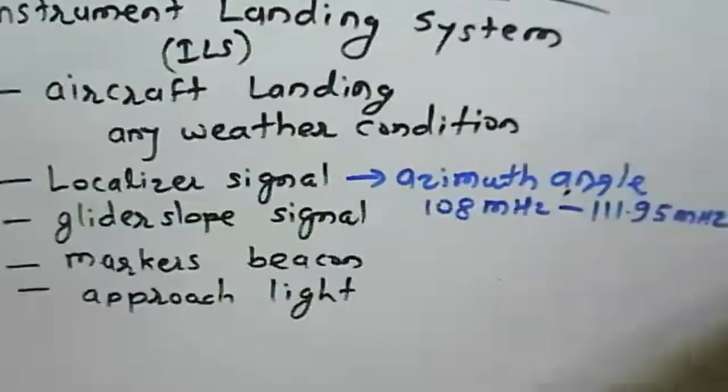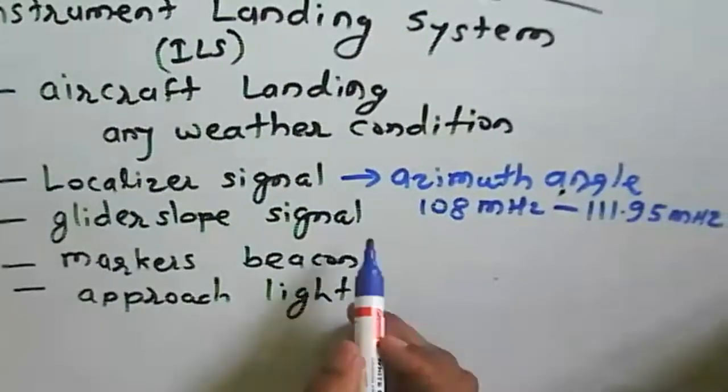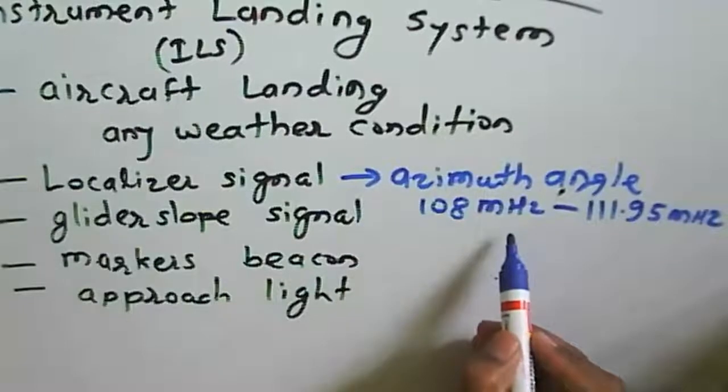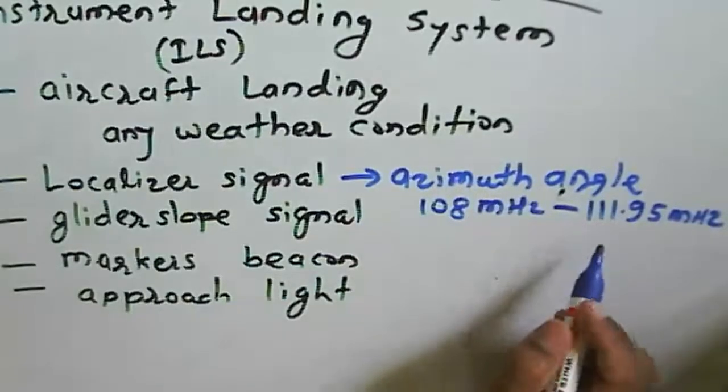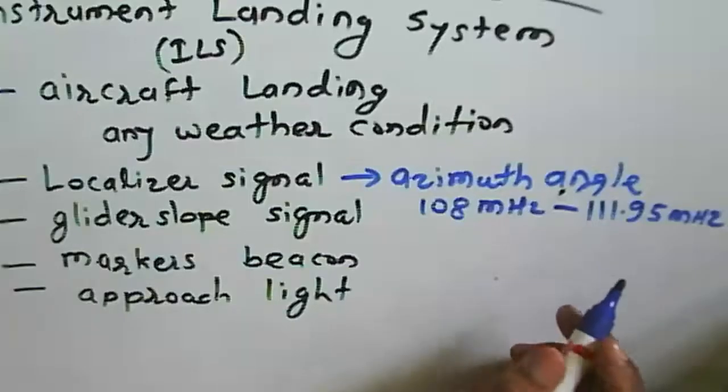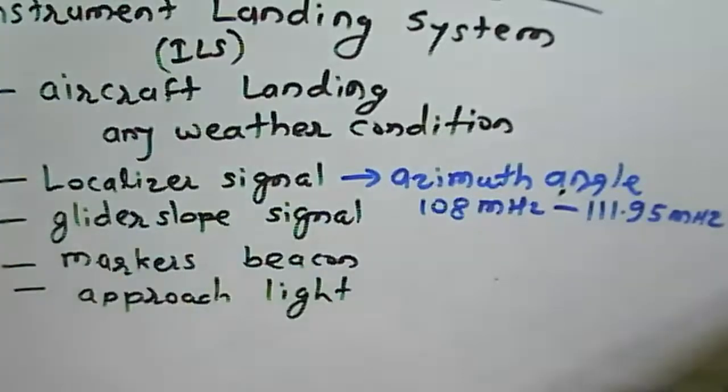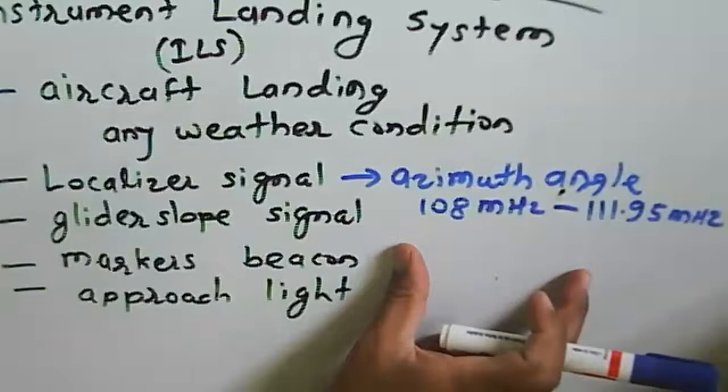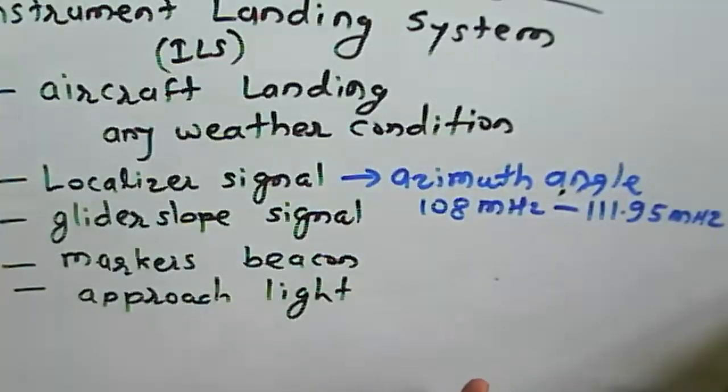This is the localizer frequency signal, and it will be used to guide the aircraft to the center line of the runway.